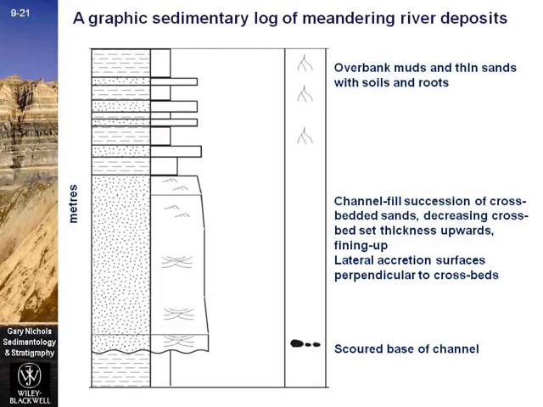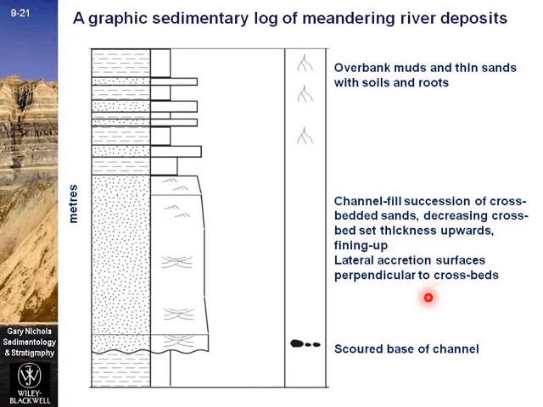This is a graphic sedimentary log of meandering river deposits. The base is marked by an erosional surface. This is also the scoured base of the channel, and it corresponds to the bed of the channel. On top of it, the channel is filled with channel fill successions, which are cross-bedded.